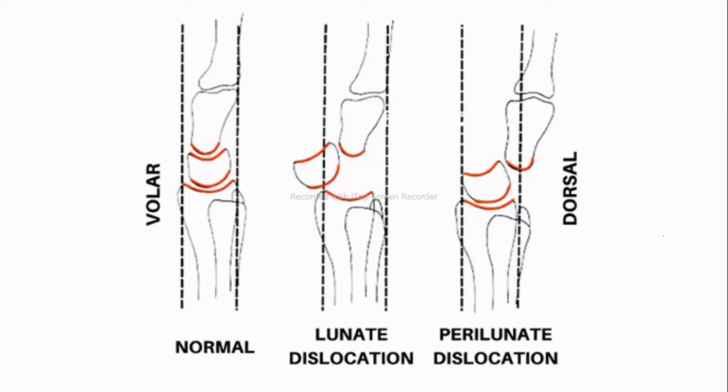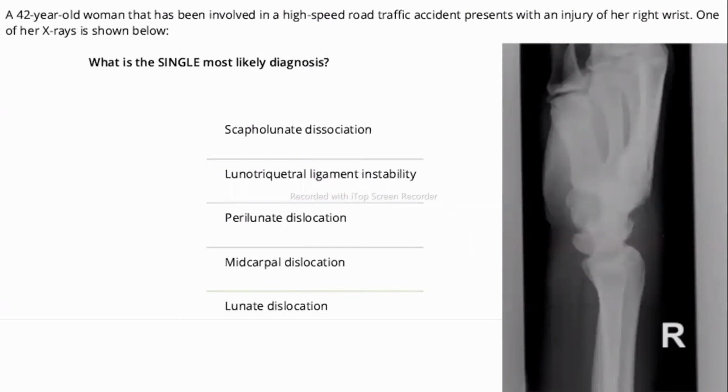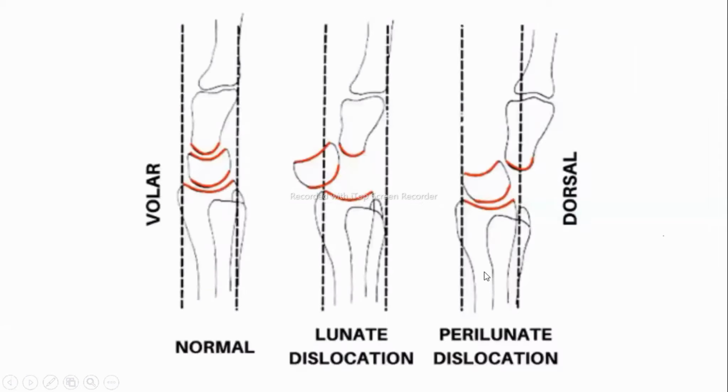Okay, we will see. So here in this X-ray, what do you think? If you draw a line here and a line here, volar lunate dislocation. So we will go back. Can you see the cup? Can you see this border?